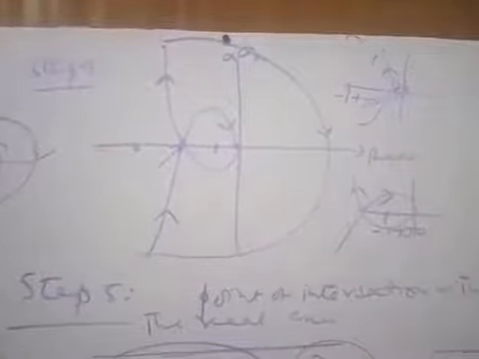Or otherwise you can have it like this: say this is your minus 1 plus j0 point and the polar plot is like this, so the mirror image is like this. So this point is outside this encirclement, right? So the point of intersection with the real axis plays a very important role, and we will discuss how to get it, and accordingly how to do the Nyquist stability analysis and whether this system we are discussing is stable or not.